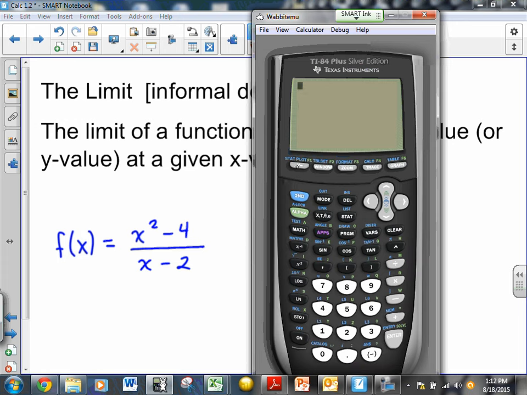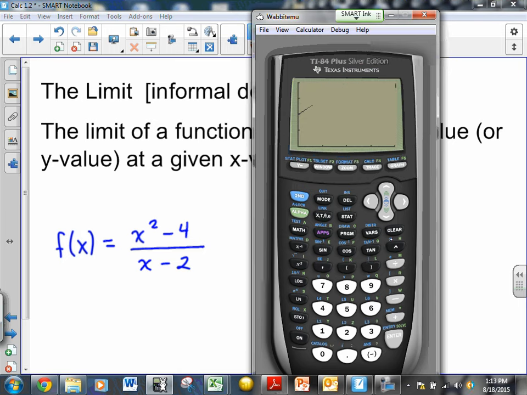If I wanted to graph this, I'd go over here to y equals. Since I have a numerator here, I want to make sure this whole numerator is in parentheses, so I get the whole thing up there. So I have x squared minus 4 in my parentheses for the numerator, divided by the denominator in parentheses. Very important when you have a binomial in a fraction like this.